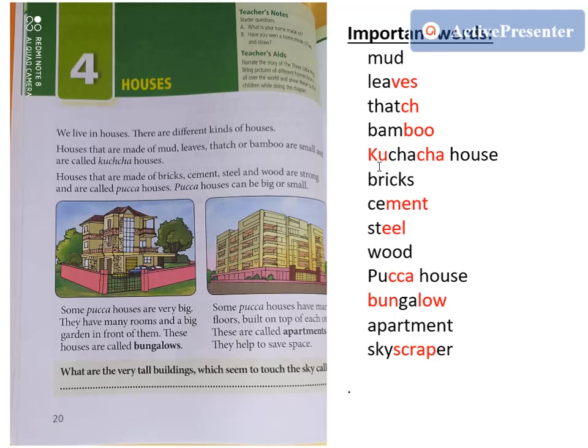So I have broken it down: ka-cha. It is easy to remember, easy to learn, and make it rhythmic, right? So after reading this, you are going to learn these words also on your own. Okay? Now, next page.